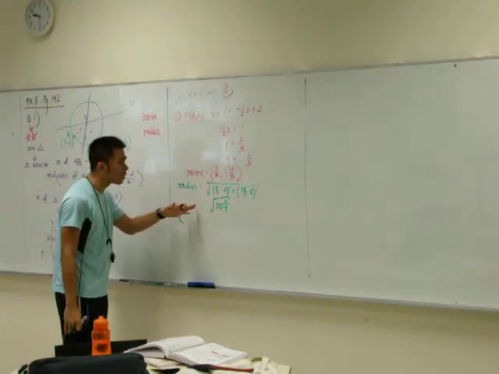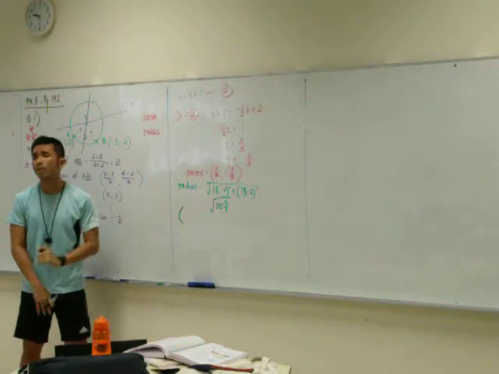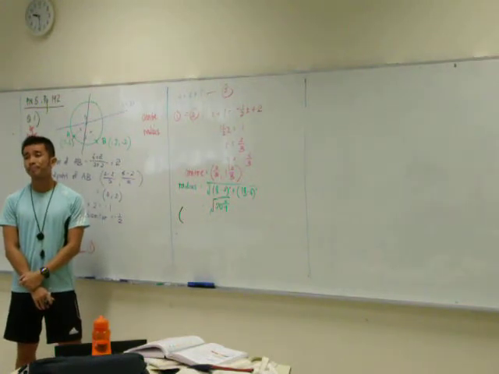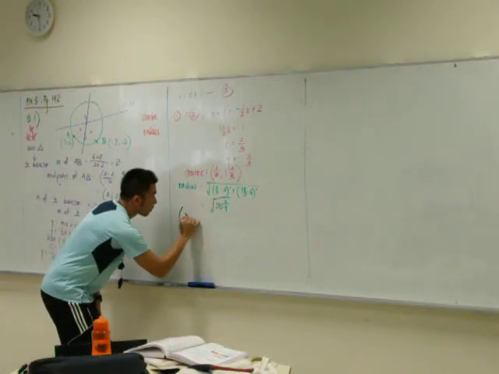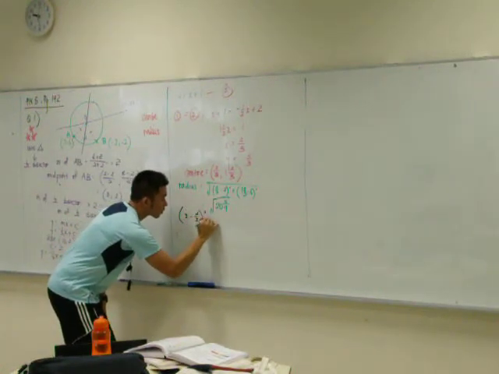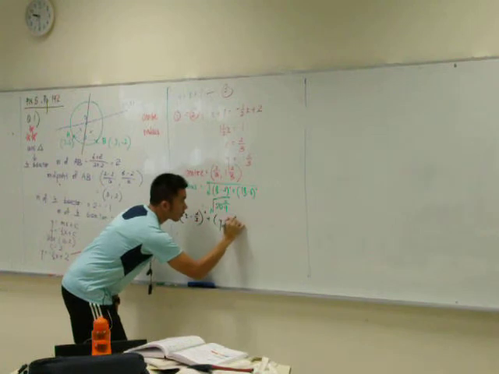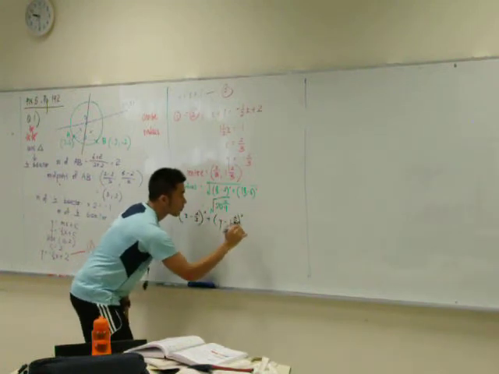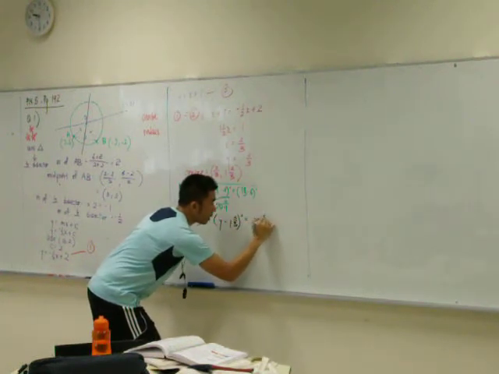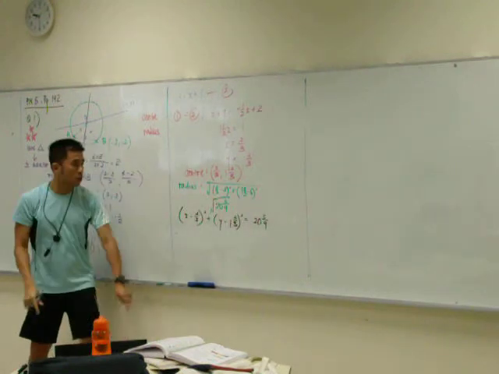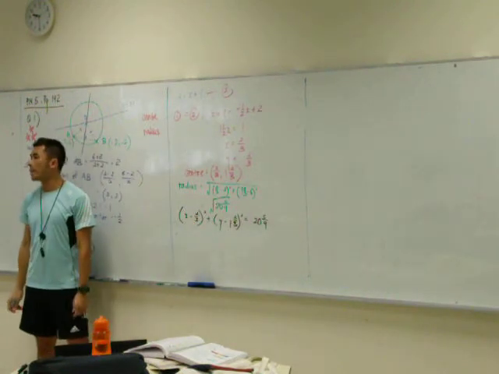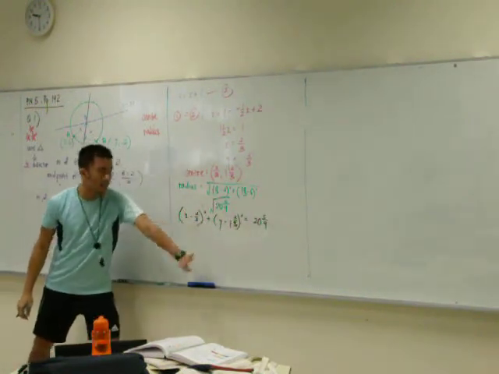The center is here, the radius is here. Can you help me form the equation of the circle? (x - 2/3) square plus (y - 1 and 2/3) square equals 20 and 5 over 9. Because you already squared the root term, you only have a rational number here.